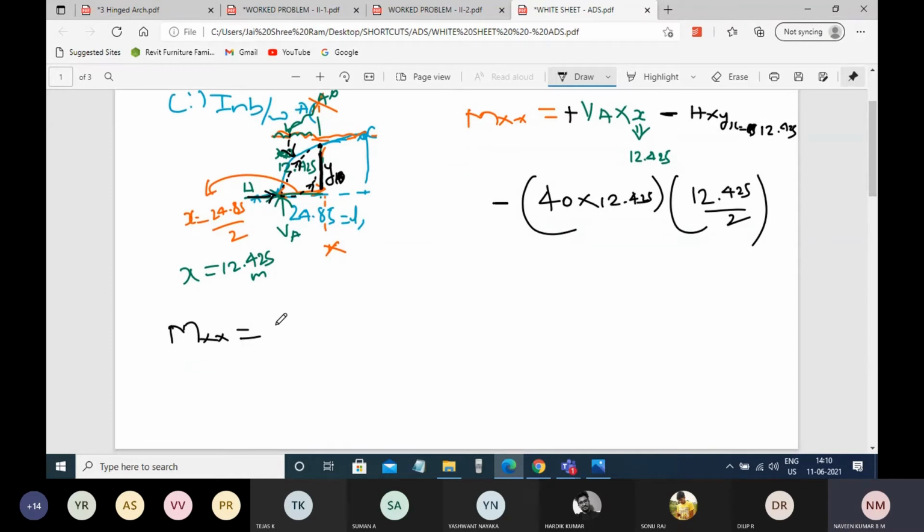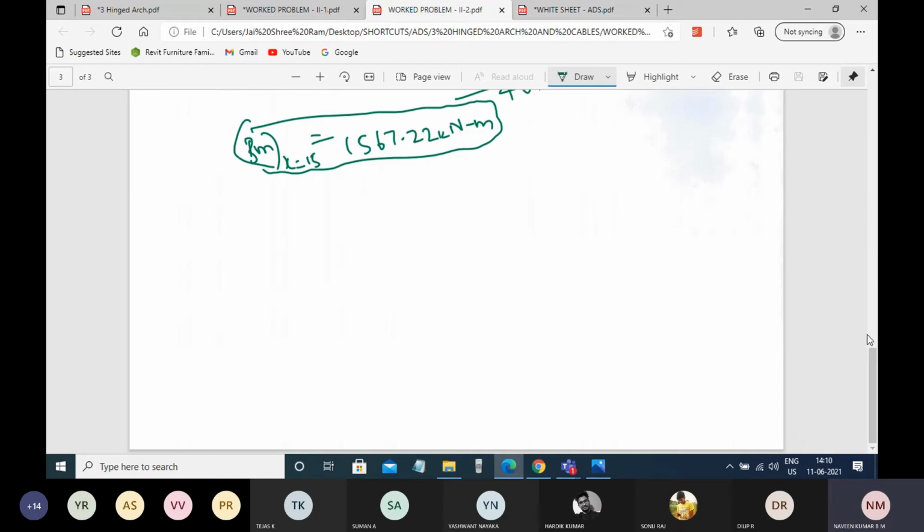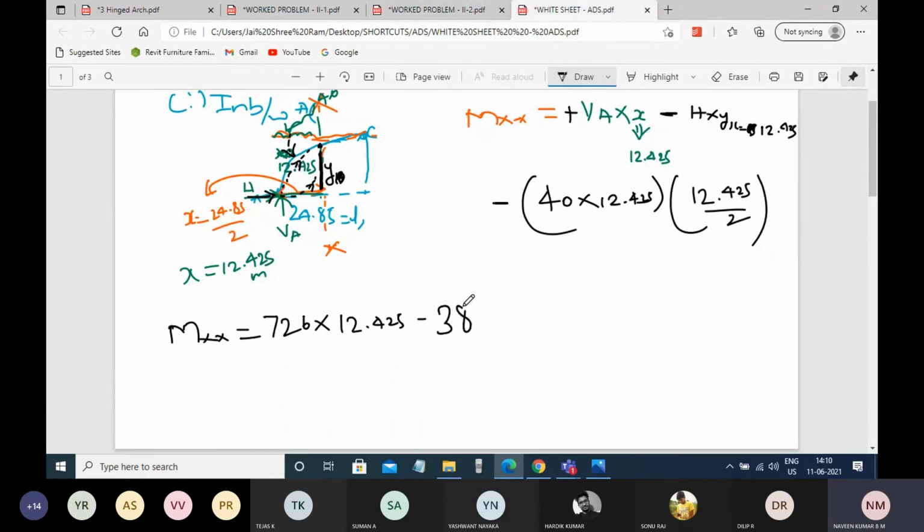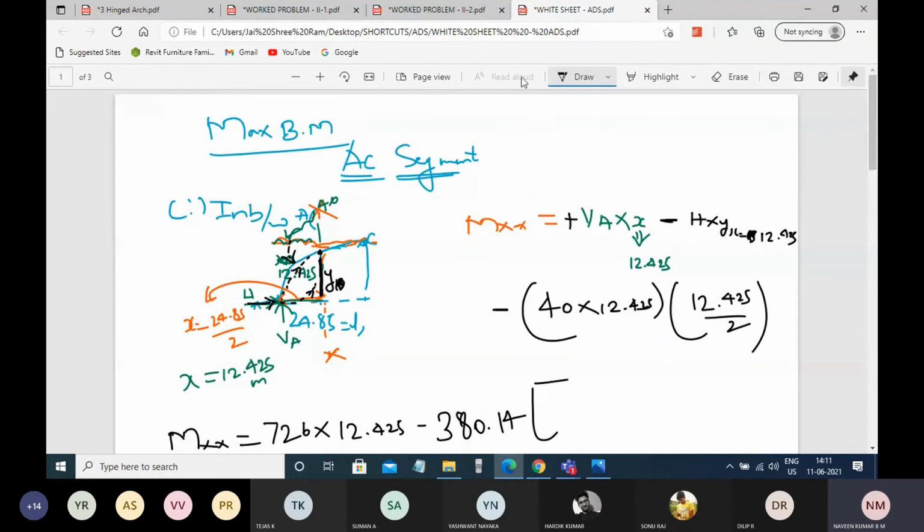VA equals around 726, and x equals 12.425. H you already know, so that is around 380.14, where y is the rise equation.